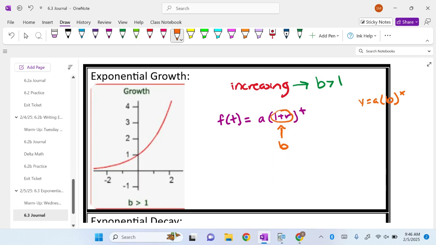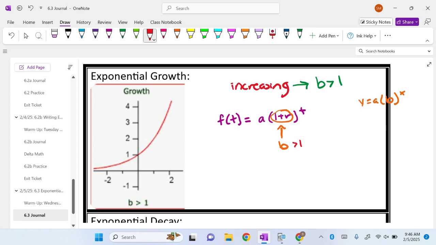You add 1 to a decimal, will that give you a number greater than 1? For example, if I had 90% as my r value, that converts to 0.9. I add 0.9 to 1. Does that give me a value greater than 1? Yes. So if you're adding 1 to your rate, you're always going to have a number greater than 1.